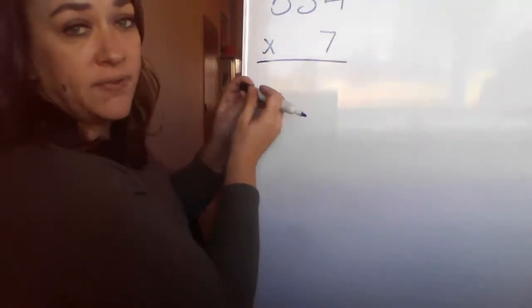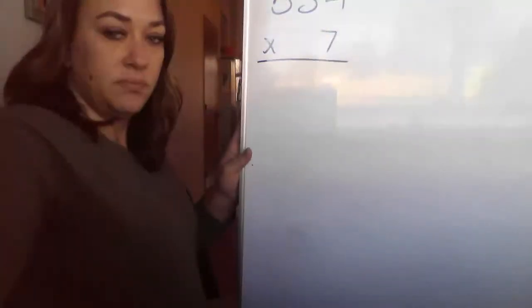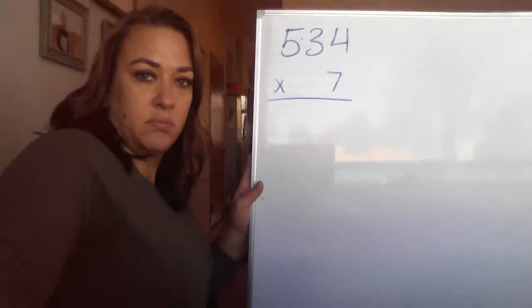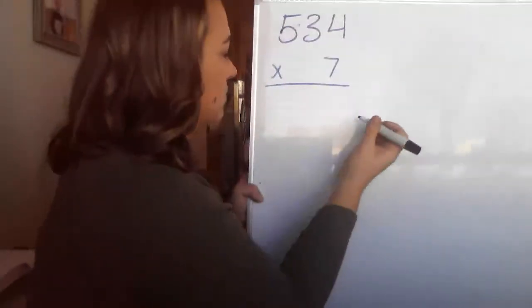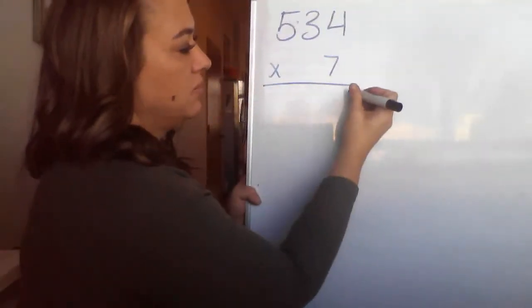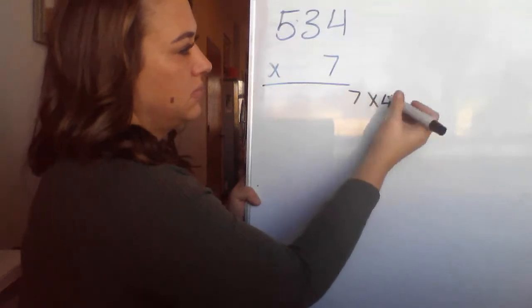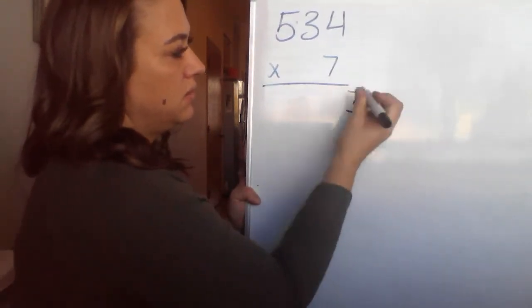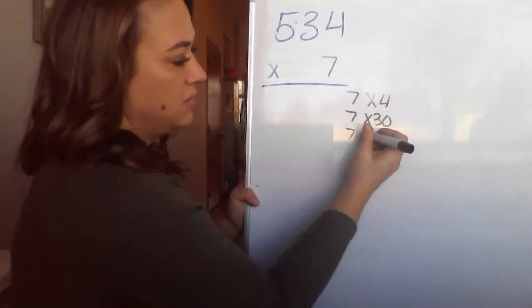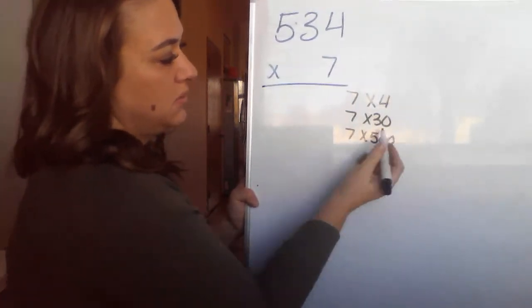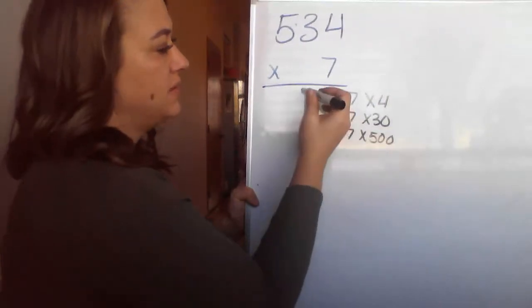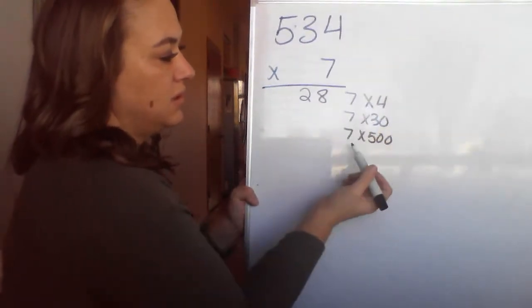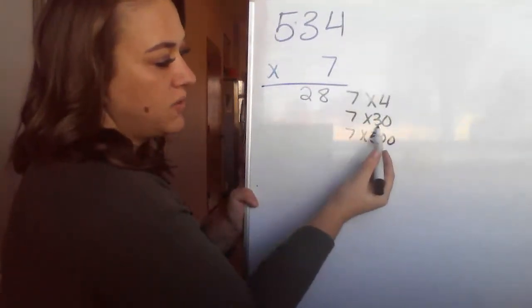Do our partial products first. 7 times 4. 7 times 30. 7 times 500. 7 times 4 gives us 28. 7 times 3 is 21.